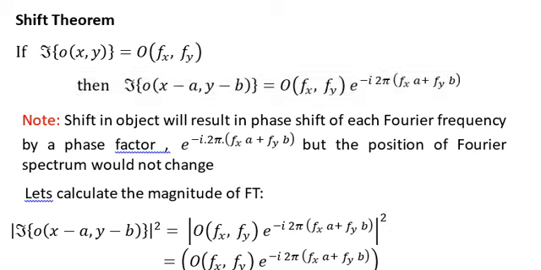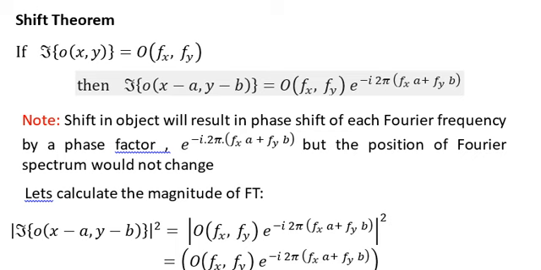So you see that in this, if you set a is equal to b is equal to 0, you will see that this equation will be the same as this equation over here. So if you have an object which is displaced, its Fourier transform will remain the same, except that it is multiplied by some phase factor. This phase factor depends upon fx as well as on fy, and also on the displacing parameters a and b.